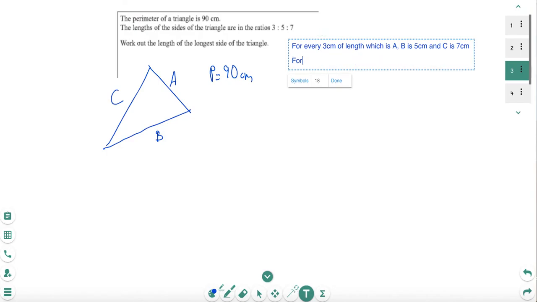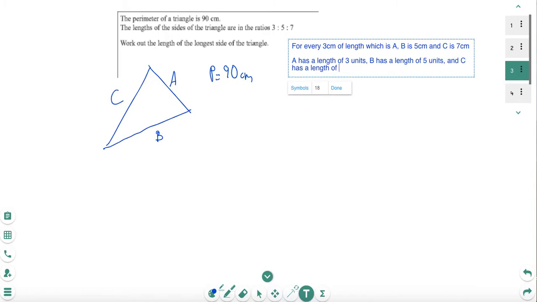Or we can think A has a length of 3 units, B has a length of 5 units, and C has a length of 7 units.